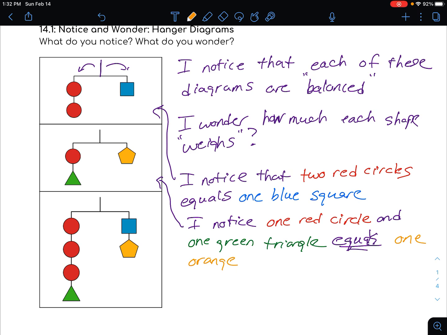I'm going to go with orangish yellow pentagon. So they remain balanced there. The red and the green shapes balance out with the orange pentagon. Pentagon, remember, is 5 sides.